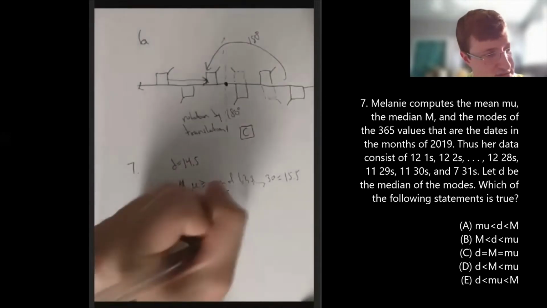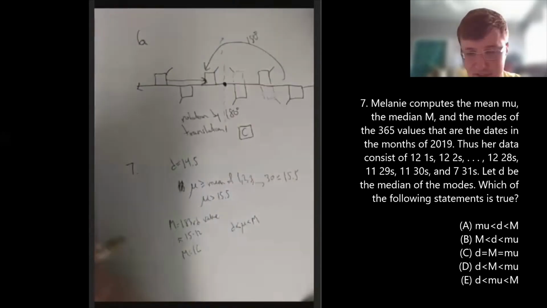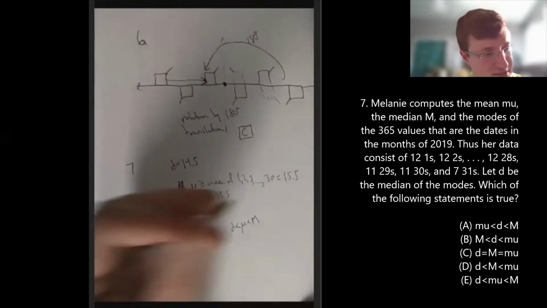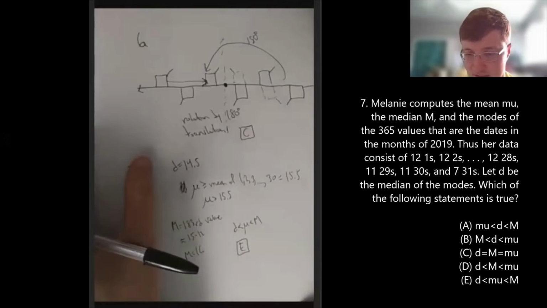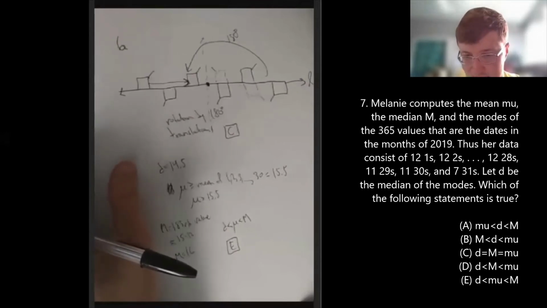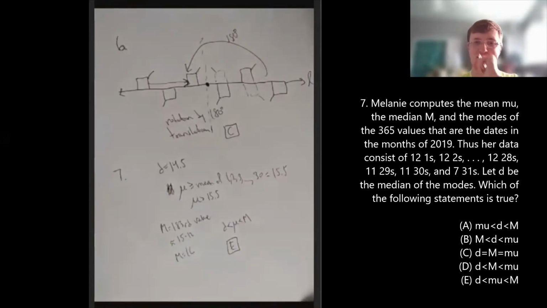So I think it's D is less than mu, which is less than M. Okay, I'm gonna go with that one. I'm not totally confident, but I'm gonna go with that. One sec, I need to think about this a little more.